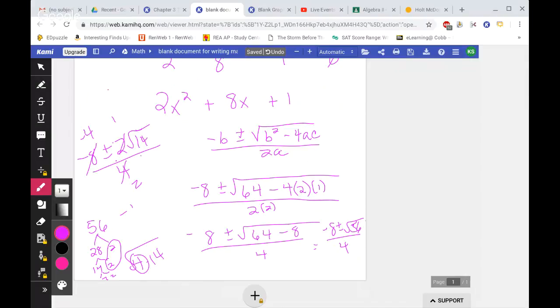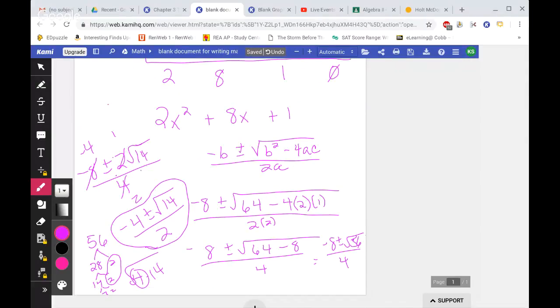So that's going to be negative 4 plus or minus the square root of 14 all over 2. And that's 2 of your answers. And then that's the other 2 zeros that it's looking for. That's the answer to number 33.